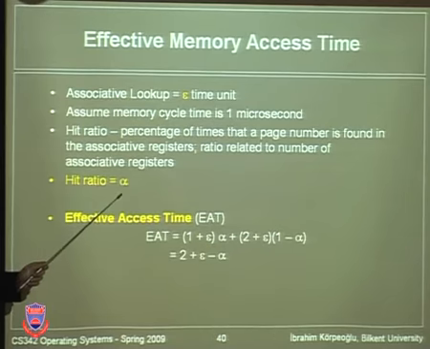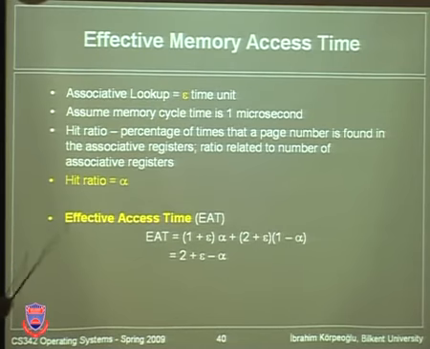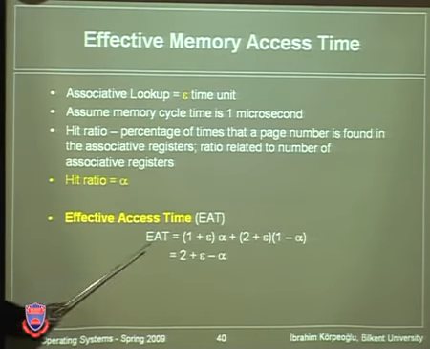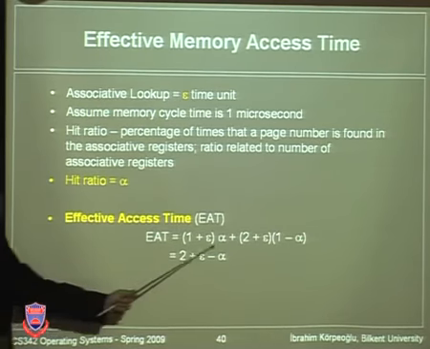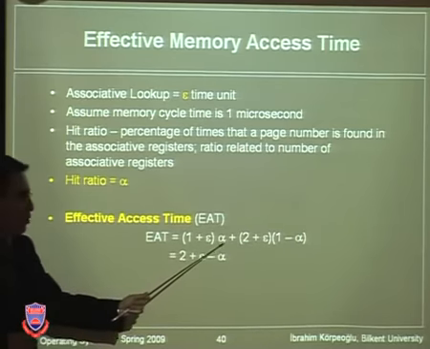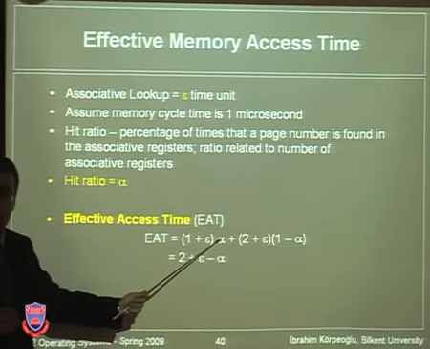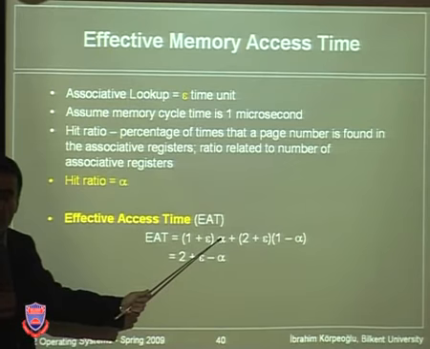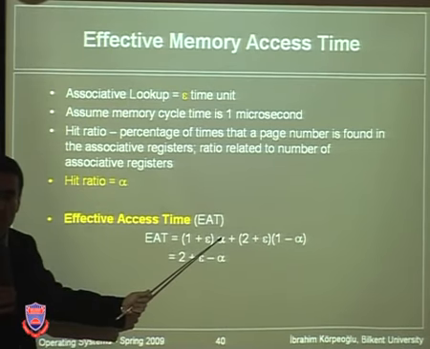And 1 minus alpha will be what? It will be the percent of time that you cannot find the entry in the TLB. So then the effective access time to memory is what? It can be computed like this. Alpha percent of the time, you can find the entry in the TLB. That means during this time, the memory access time will be what?